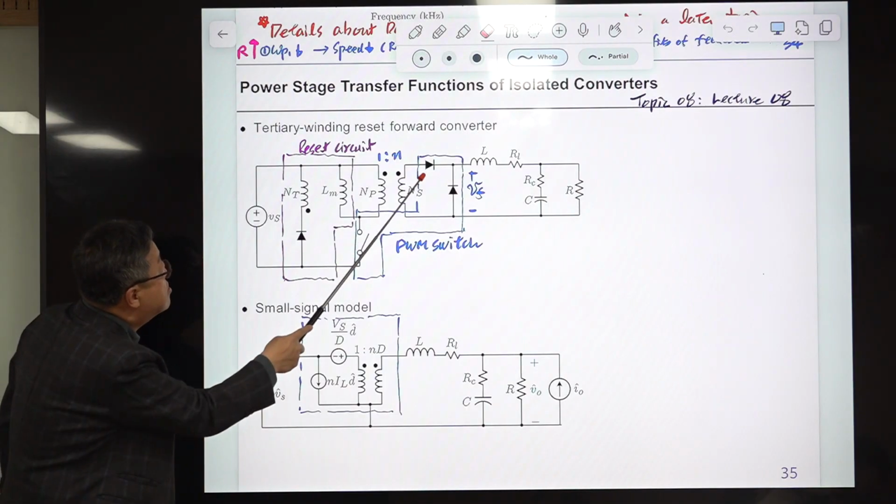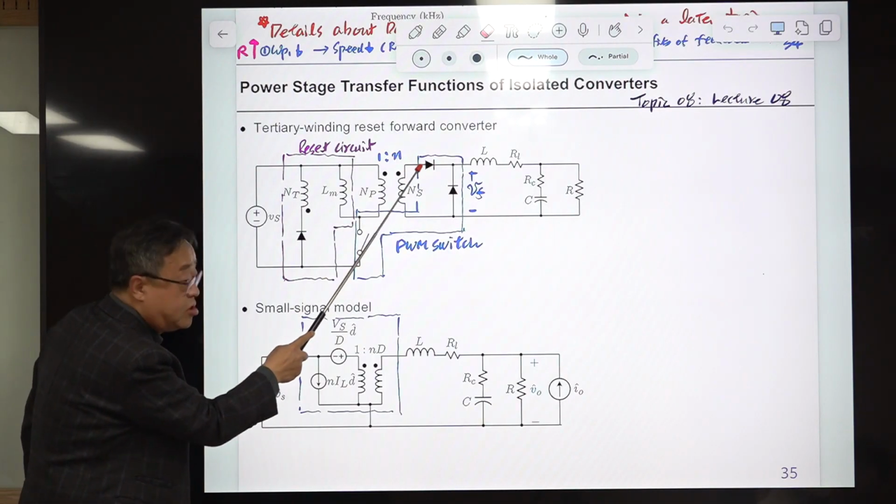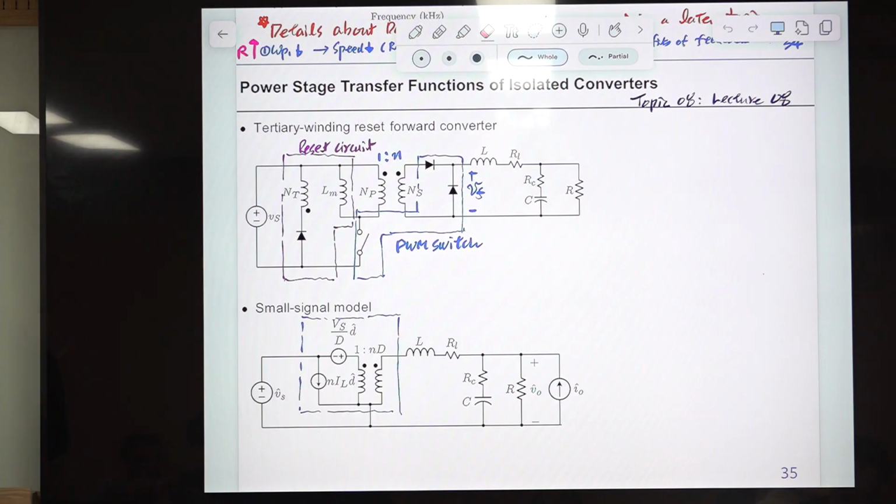That is, this diode can be replaced with this active switch. So in other words, in terms of its operation, you may consider this active switch is located here. Functionally, if you move this here, then this converter becomes a buck converter. So this is a buck derived converter.